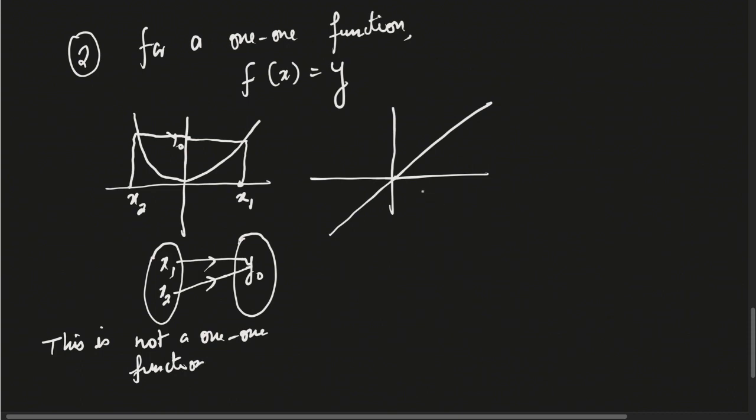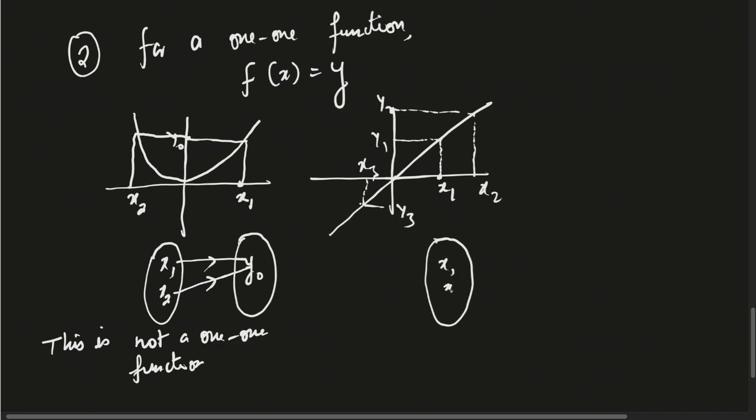But if you see this image, then for every value of x, there is exactly one value of y. So if you have, let us say, this is x1, this is x2, this is x3, this is y1, this is y2, this is y3.